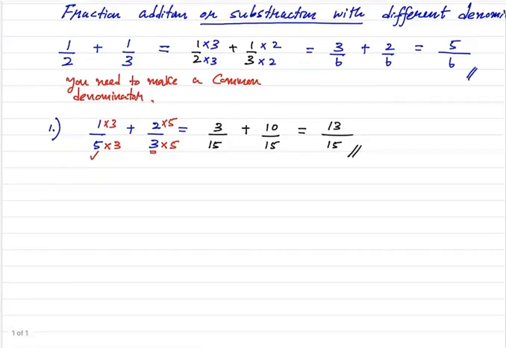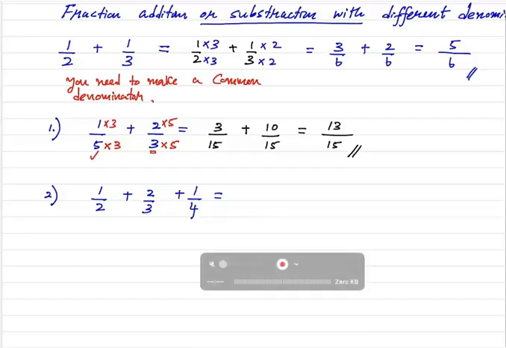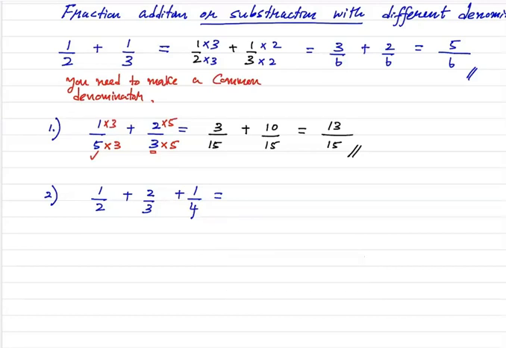So let's do this question. That question would be 1 divided by 2 plus 2 divided by 3 plus 1 divided by 4. Okay, let's try. Now you can see 2, 3, 4 are different, so that means we have to make a common denominator.